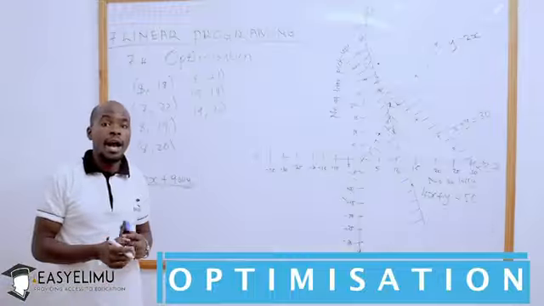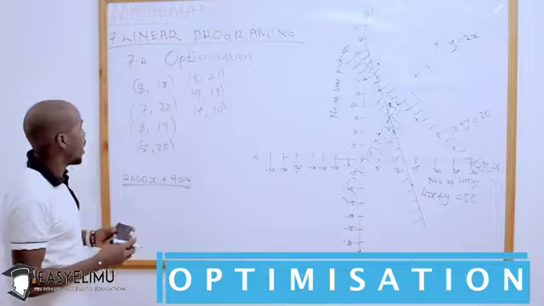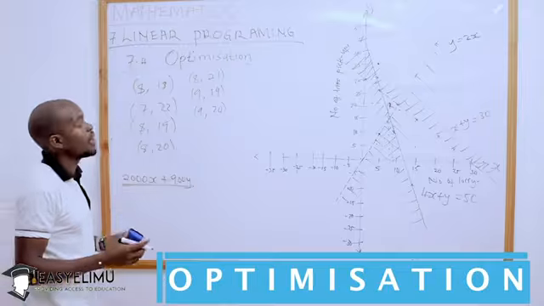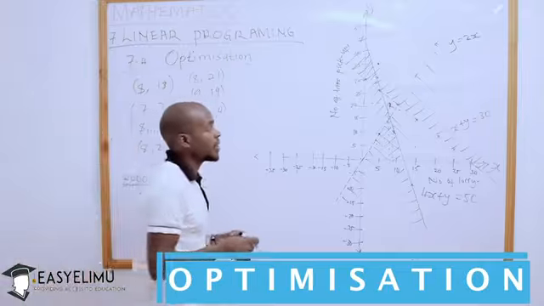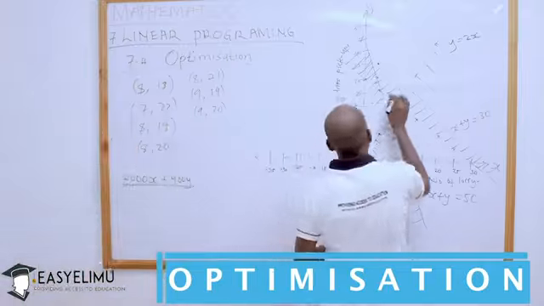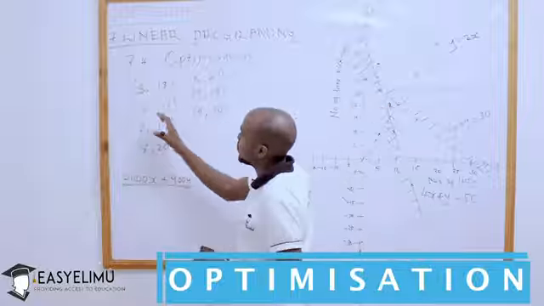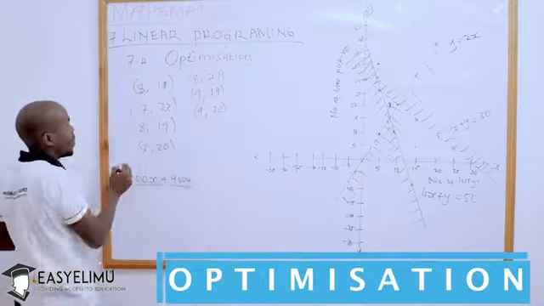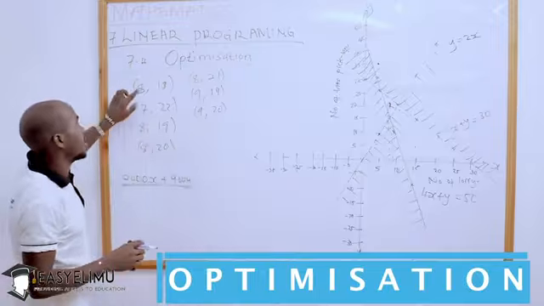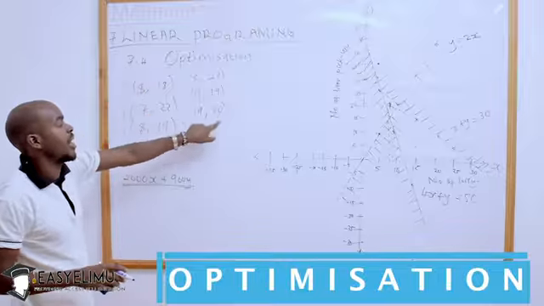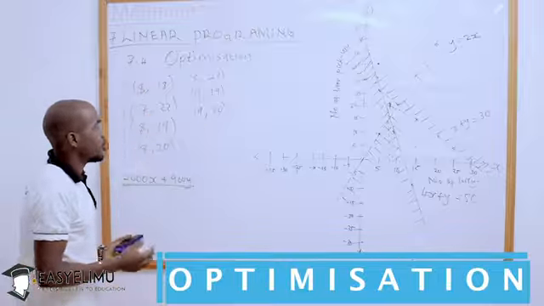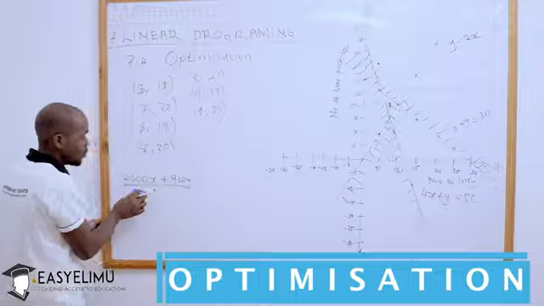Now from the region R, you shall find numerous points which satisfy the region, some of them like what I've given out here, 8, 18, up to 9, 20. And if you want to find the price, you can use this function.